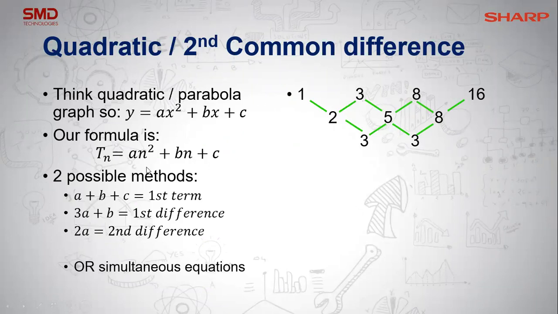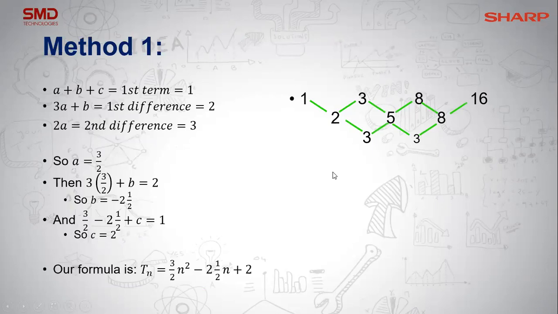So the first method is obviously to use the formula, the a plus b plus c, the 3a plus b, and the 2a is equal to, and then your first term, first difference and second difference, or to use simultaneous equations.